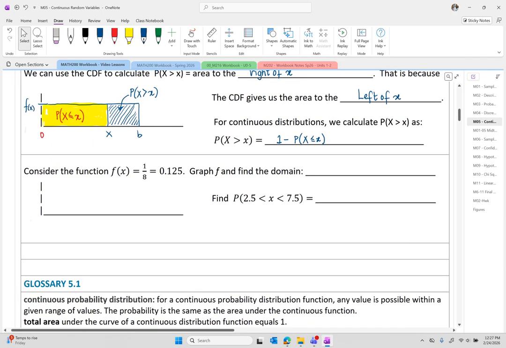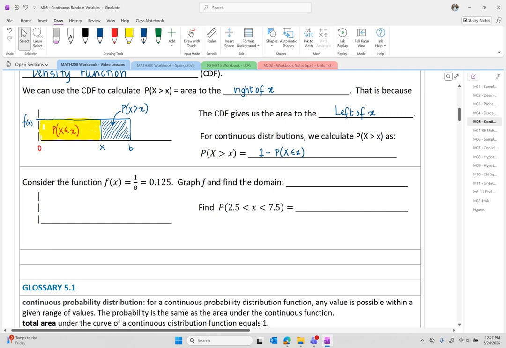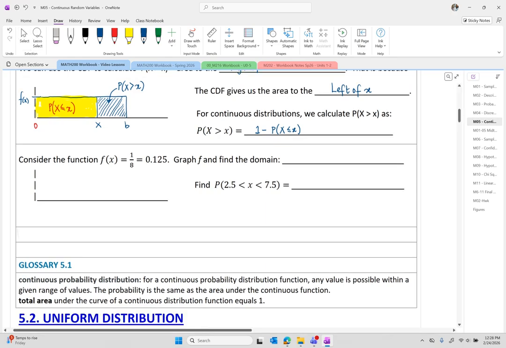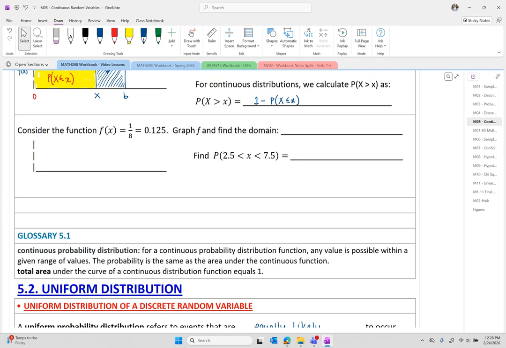So that's one way to calculate probabilities of your variable having values greater than some quantity, but we can also find the probability that the value of the variable will be between certain values. So let's do an example here. We have f of x equal to 1/8. First of all, we need to find the domain.